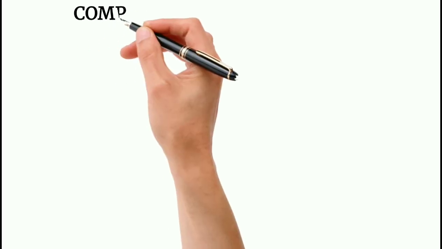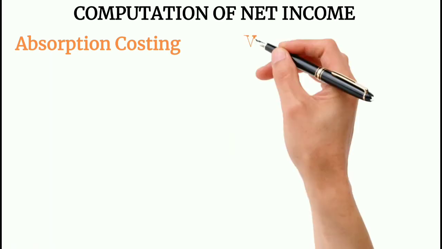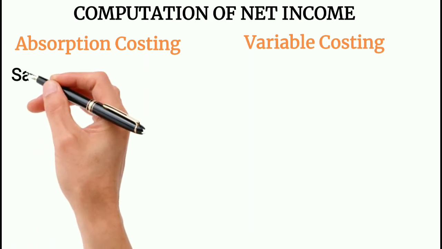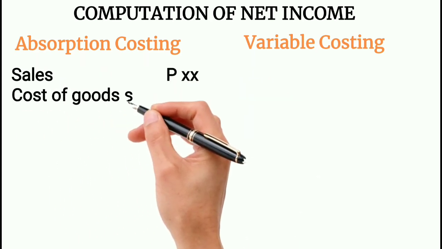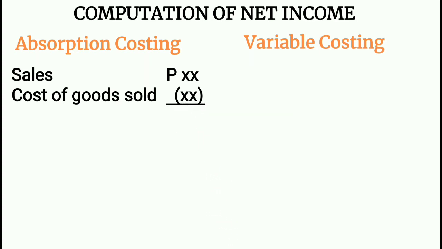Punta naman tayo sa computation of net income. There's a difference in the computation of net income under the absorption costing and variable costing. Under the absorption costing, since this is the GAAP, this is generally accepted. Of course, ang format para makompute yung net income ay sales minus cost of goods sold. Ang cost of goods sold, tinatawag din yan as cost of sales.